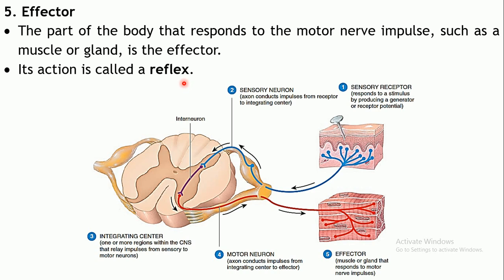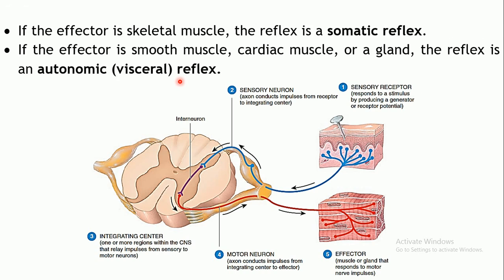Whatever response is given, maybe contraction of the muscle or some secretion, that's a reflex. So to carry out this reflex, these are the 5 components which function. Now supposing if the effector is a skeletal muscle, then the reflex is called a somatic reflex. Supposing if the effector is a smooth muscle or a cardiac muscle or a gland, then it is called an autonomic reflex.